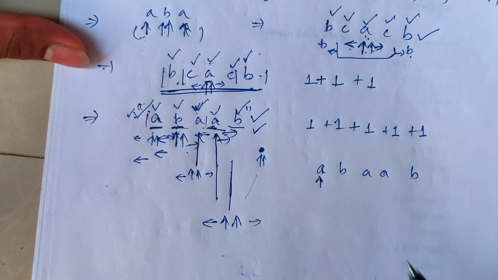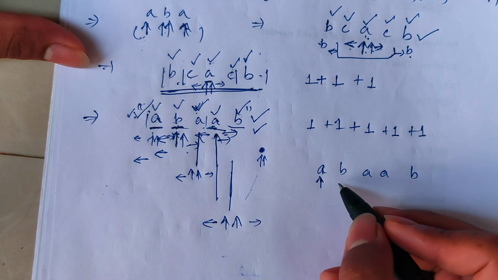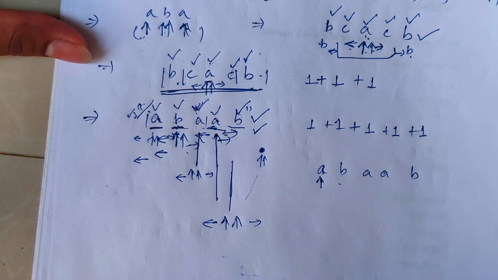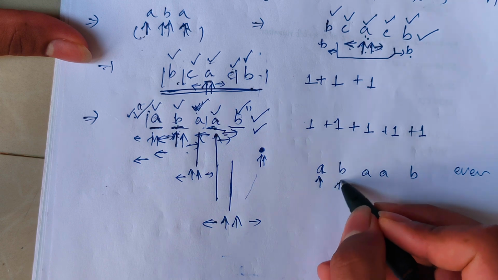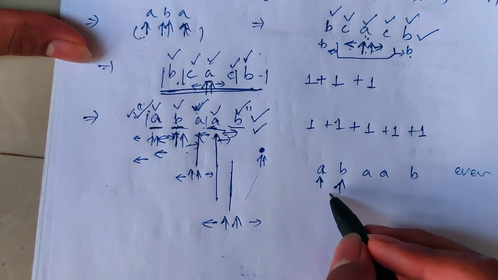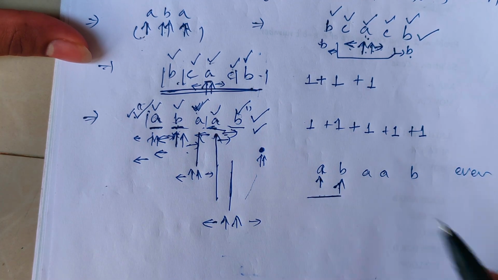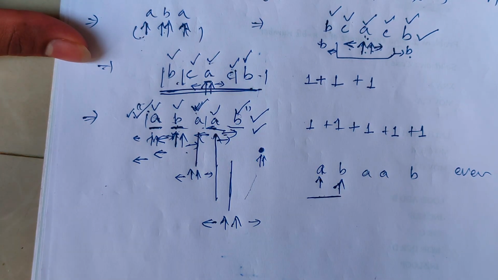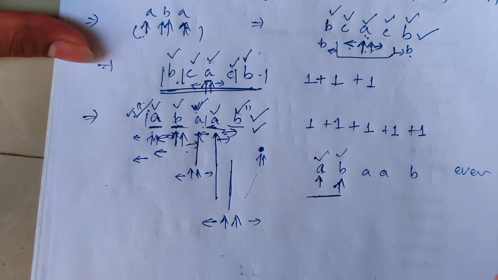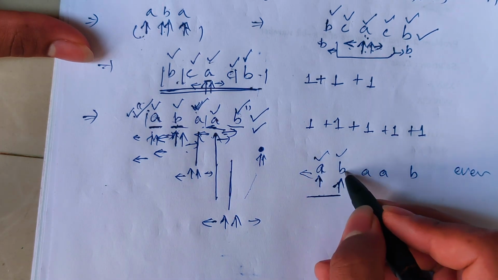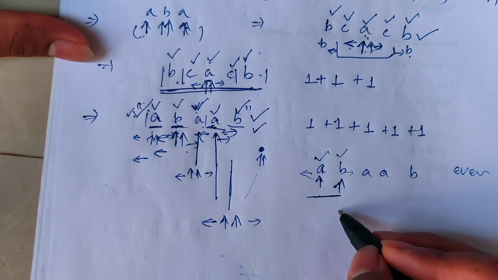We were starting from the middle element, but in the case when the substring is of even length, it would have 2 middle elements, right? So now iterate with 2 middle elements. Here A and B are not equal, so we are not going to explore left and right.